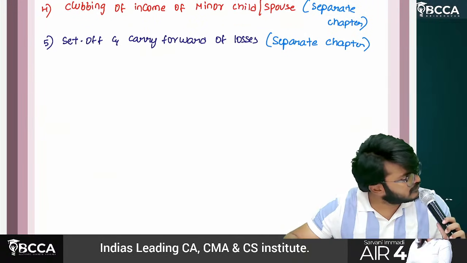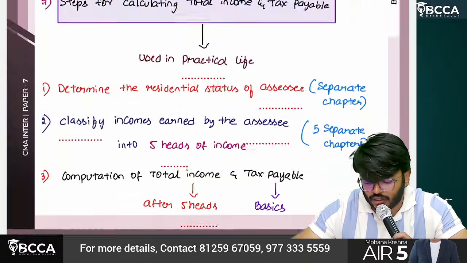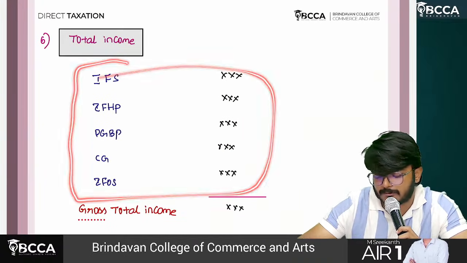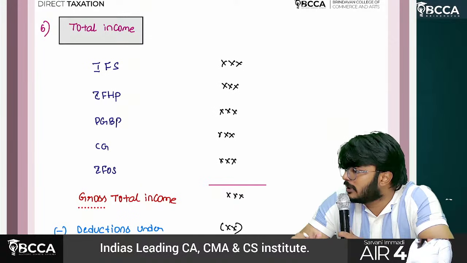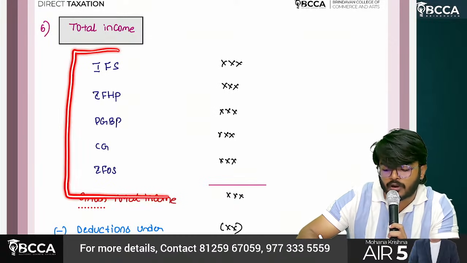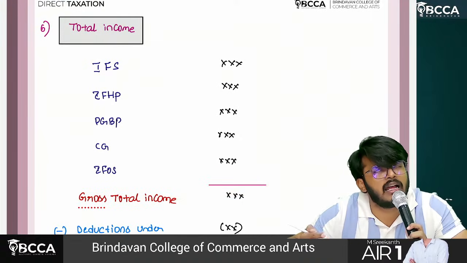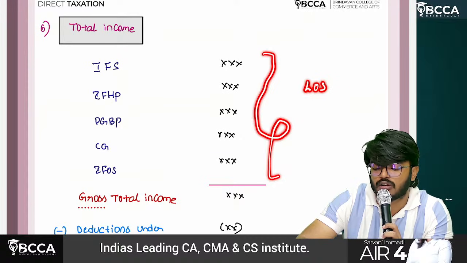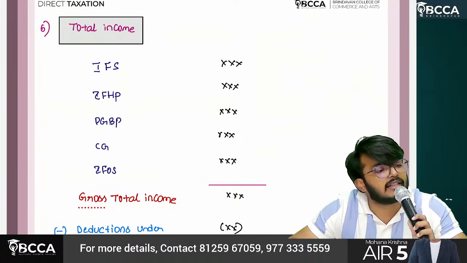See, we all know that we are having 5 heads of income, correct? Now my question is, is it possible for one person to get incomes only from all these 5 heads of income, or sometimes is it possible to get losses also? Think and tell.